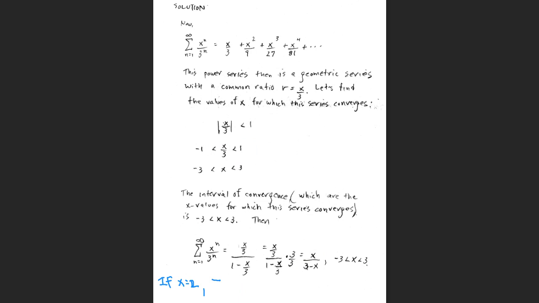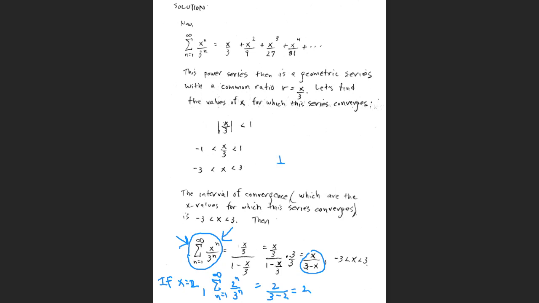If x were equal to 2, then the power series given by 2 over n over 3 over n, I'm just substituting in x here, the sum should equal x over 3 minus x. So this would equal 2 over 3 minus 2, which is 2. You see? So you can use this formula to get a lot of different answers.